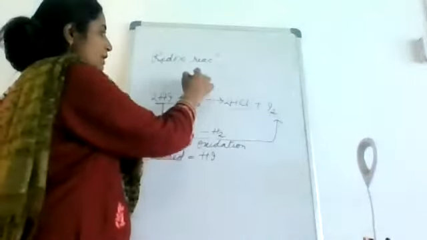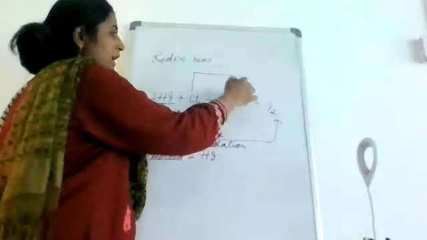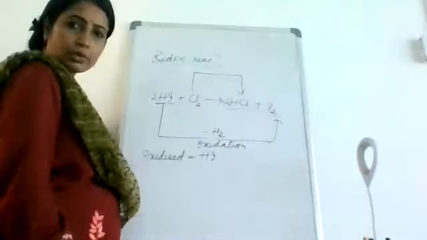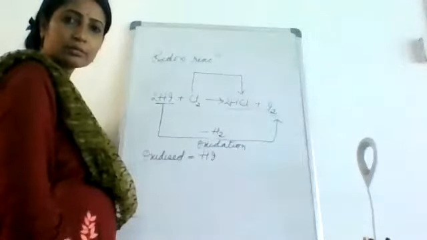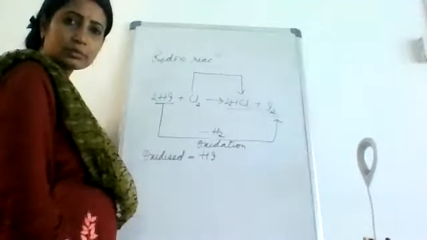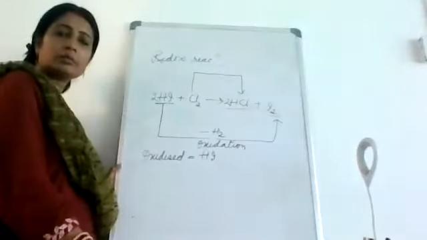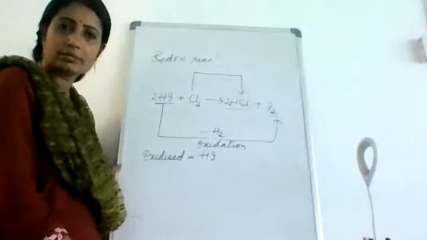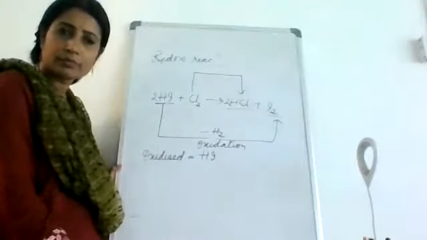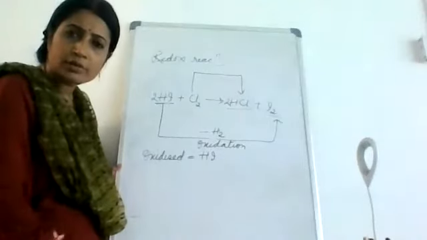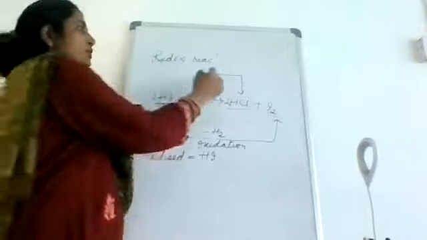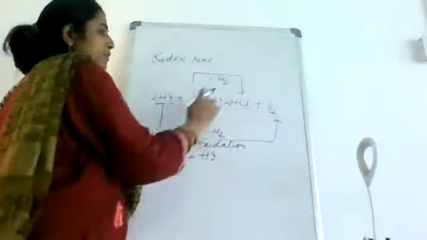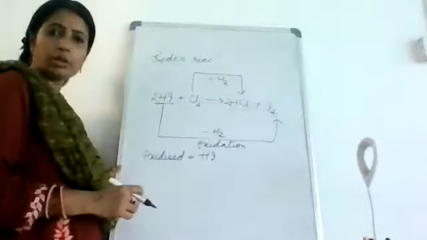यहाँ पर क्या हो रहा है? Cl2 will go to HCl. Now what is happening here? Reduction. Why reduction? Because it gains hydrogen. Hydrogen is being added to chlorine.